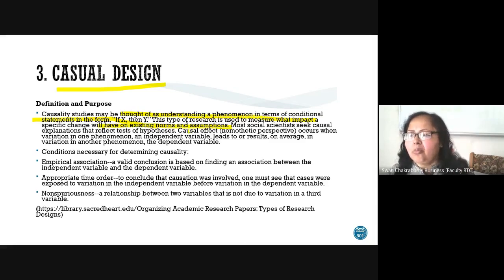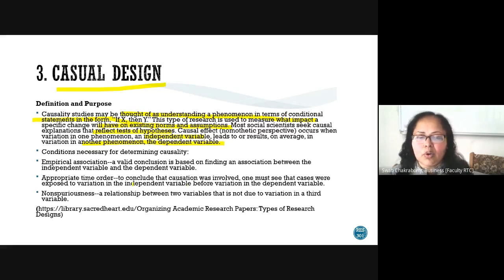Most social scientists use this to seek explanations that reflect a test of hypothesis. A causal effect occurs when variation in one phenomenon, called the independent variable, leads to a change or variation in another phenomenon, the dependent variable.